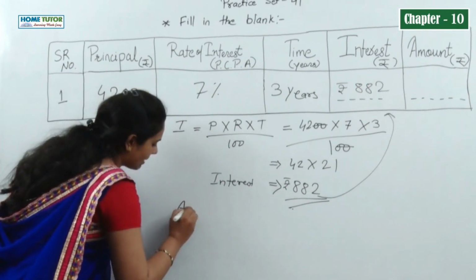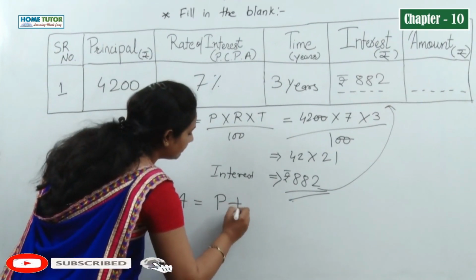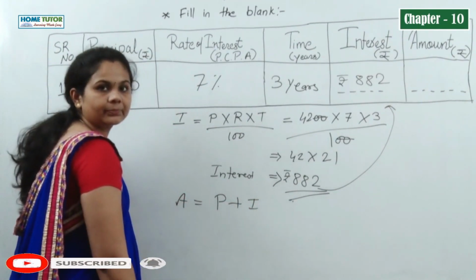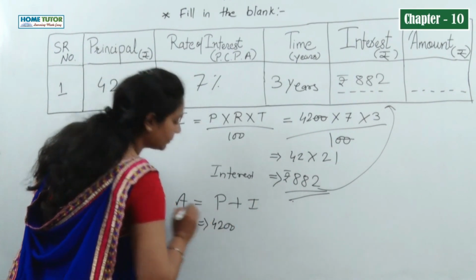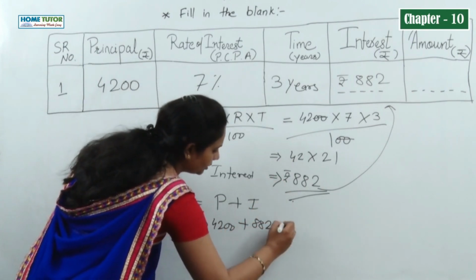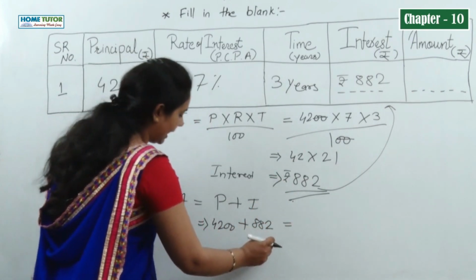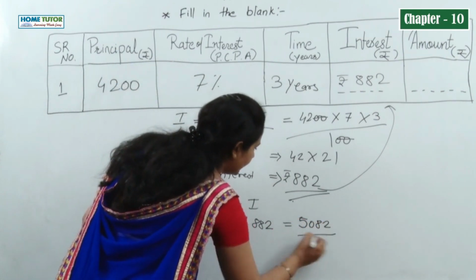Amount. Amount is equals to A. हमारी amount क्या है? So that is principal plus your interest. What is your principal? Is 4200 rupees. Plus your interest is 882. So your addition is 5082 rupees.